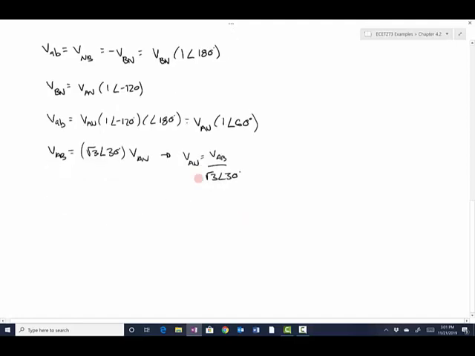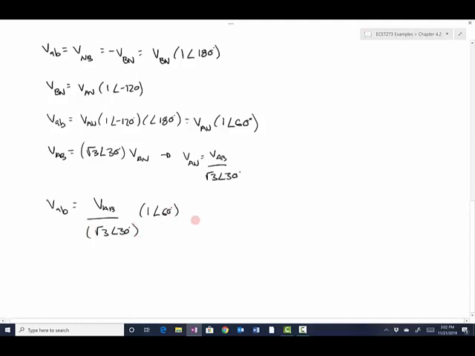So then I can just plug this value for VAN up here, and I get VAB is equal to VAB on the primary over root 3 angle 30 degrees times 1 angle 60 degrees.